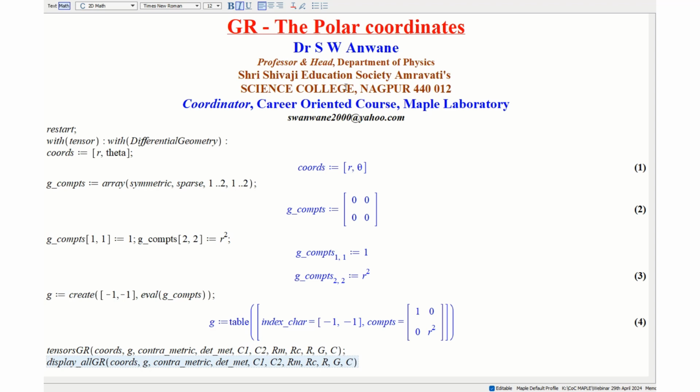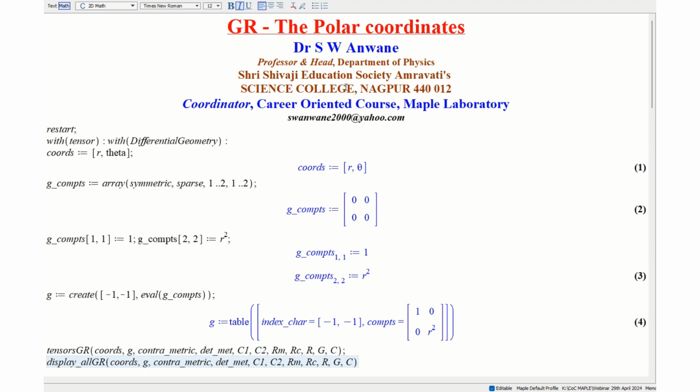Then I am going to run the commands: tensor, metric, coordinates g, contravariant matrix, determinant, Christoffel symbols C1 and C2, Riemann tensor, Ricci tensor, and then scalar curvature, then Einstein tensor.